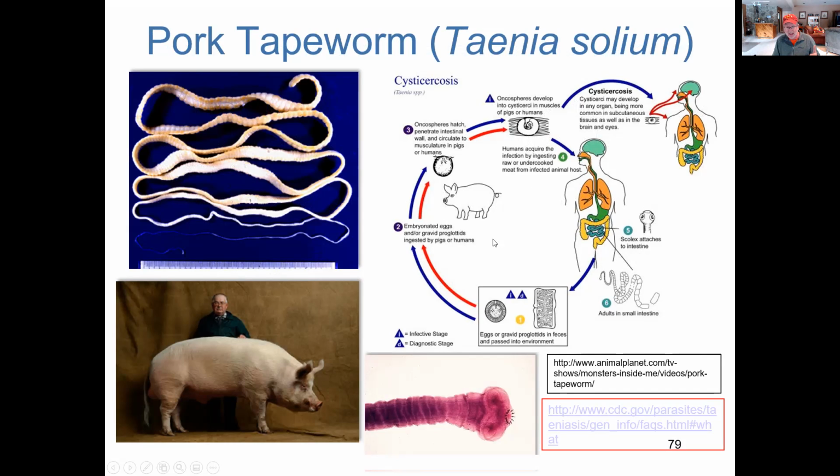And if, say, some pigs or other animals were to ingest grass that has some of these proglottid segments containing the fertilized eggs in them, then the pig is ingesting the tapeworm, and we repeat the process. There's an encysted form that develops in the muscle of the pig. If another person eats it, it repeats the cycle.